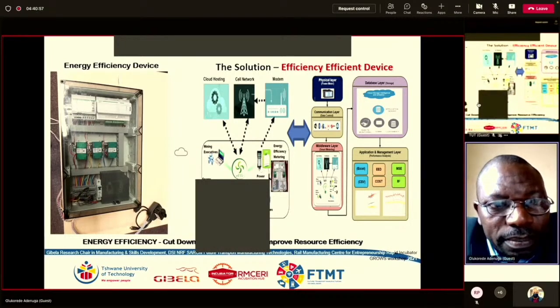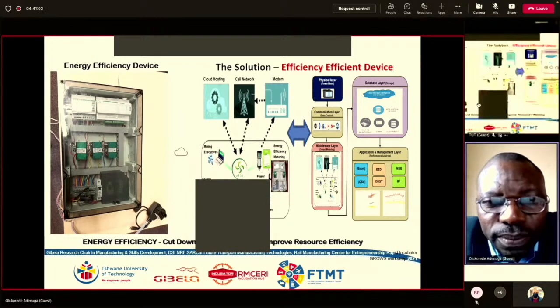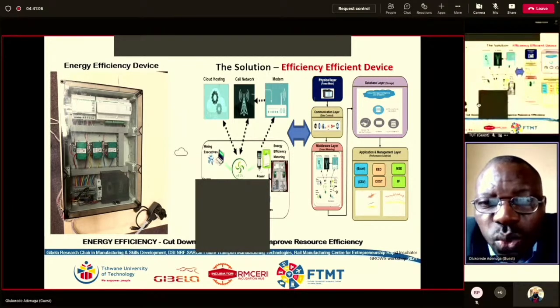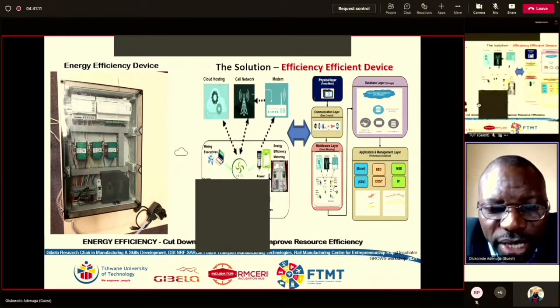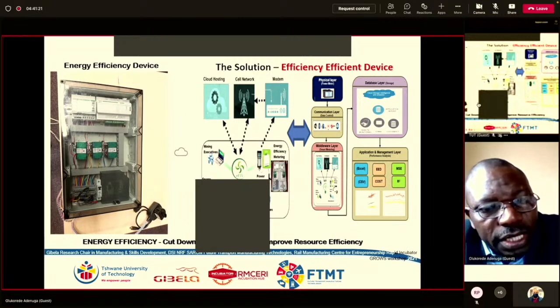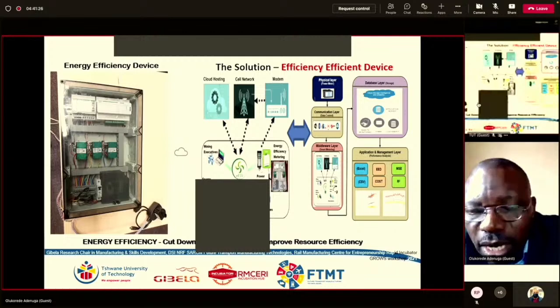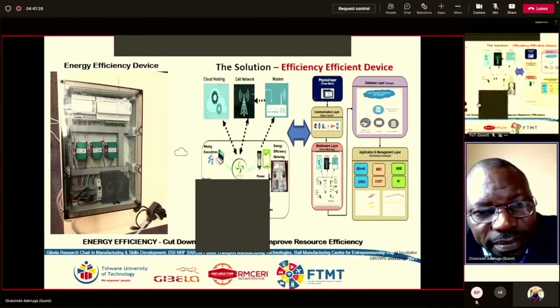from the problem to develop an energy efficiency device, which is a solution that has cloud hosting with a cell network and modem to interface with the equipment and the data that is gotten from the industry. This device has the capability of taking 120 sensing energy devices at a go.